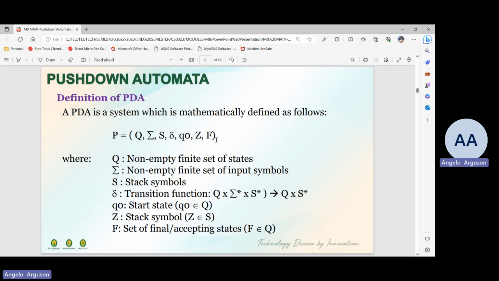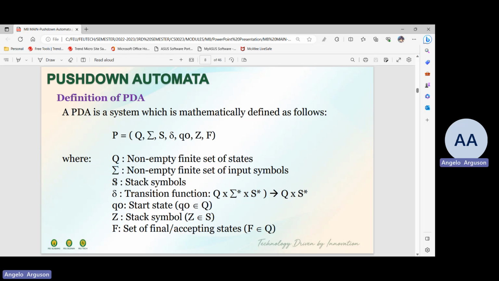Next, definition of PDA. A PDA is a system which is mathematically defined as follows. Q is a finite set of states. Sigma represents the alphabet, or non-empty finite set of input symbols.